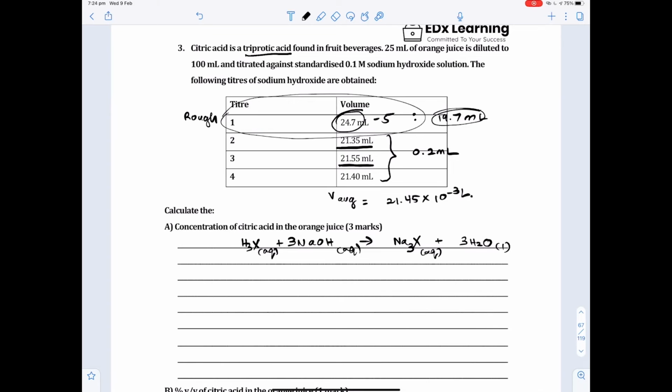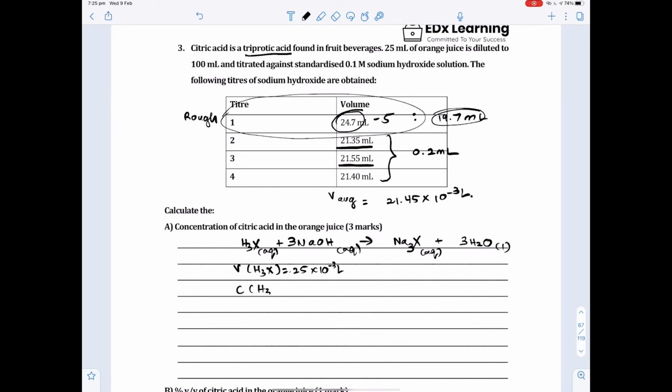What do we have? So you know that there's 25 milliliters of the triprotic acid. Give it to me. V of what is 25? Okay, so V of the citric acid is equal to 25 mL. Good. You don't know the concentration of the citric acid.